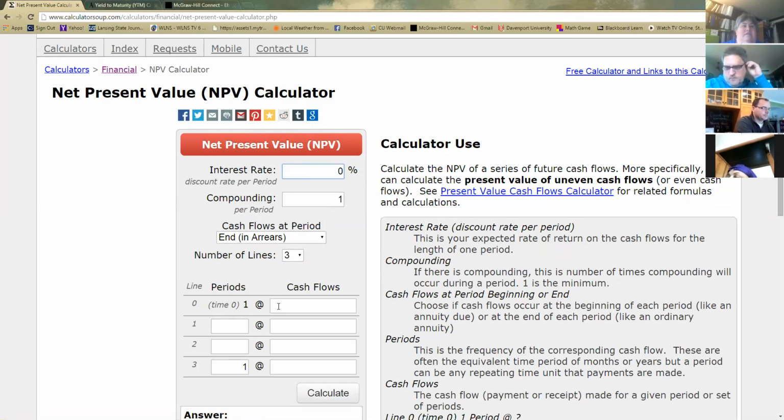The cash flow at the beginning needs to be put in as what we're going to spend, and it needs to be put in as a negative, because we're spending $10,000 in the beginning. Year 1, we're supposed to get $5,000 back. Year 2, $5,000. I'll explain those little ones in a minute. And year 3, $2,000.